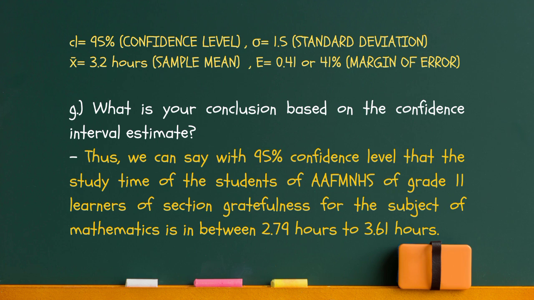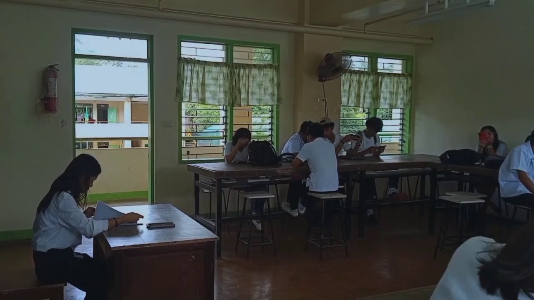Ito yung anong masasabi mo base sa confidence interval estimate na sinolve natin. Thus, we can say with 95% confidence level that the study time of the Grade 11 learners of Section Gratefulness of Amando A. Fabio Memorial National High School for the subject of mathematics is in between 2.79 hours to 3.61 hours.